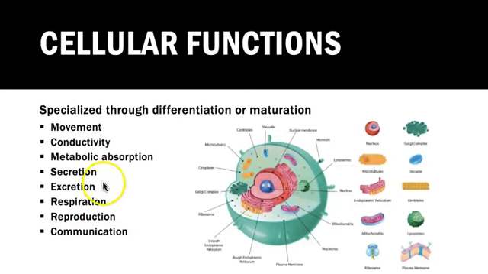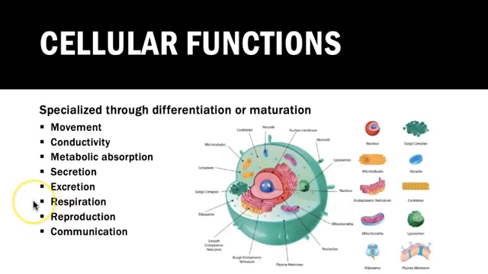Next, we have excretion, and all of our cells can get rid of waste products. As we are getting nutrients, we're going to get some metabolic breakdown left over, right? So we can use certain organelles such as lysosomes that contain enzymes to break down and digest those contents and then eventually rid them from the cell.